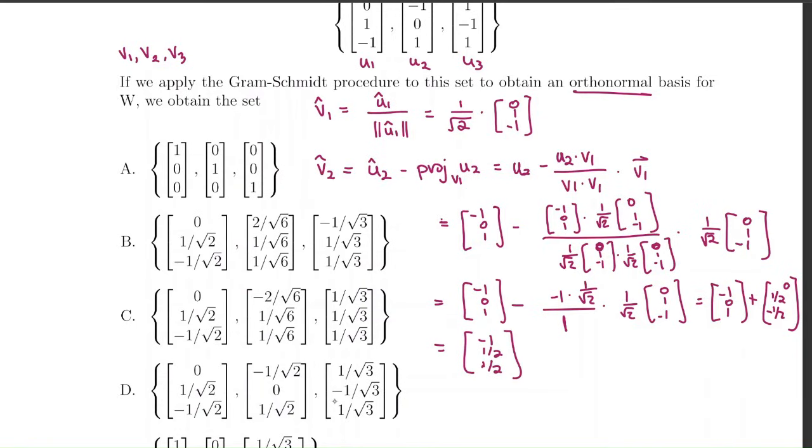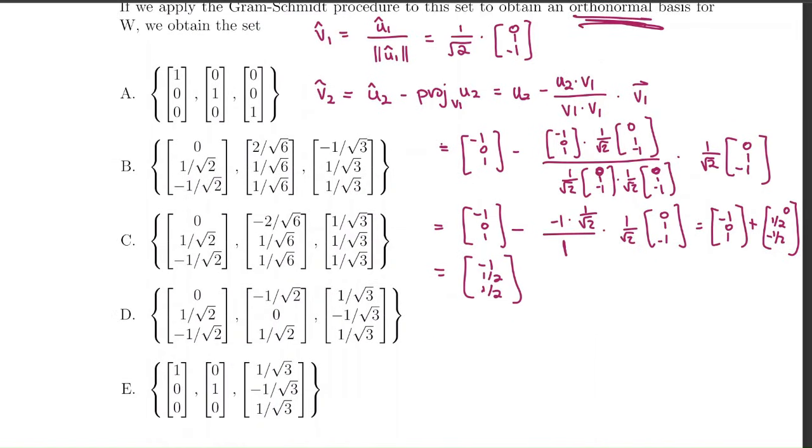Okay. Now we want an orthonormal basis. This means the magnitude needs to be 1. This magnitude is definitely not equal to 1. So what we do is we divide by the magnitude of the vector. That means we do 1 over square root of 1 plus 1/4 plus 1/4, because I just squared each of these components and added them together. And then I multiply it by the original vector, negative 1, 1 half, 1 half.